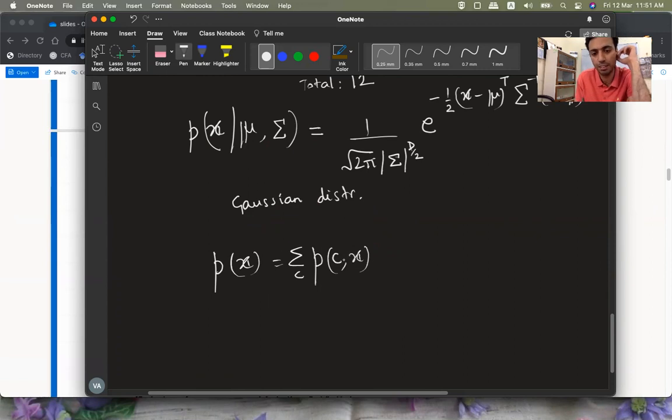I'm just introducing a latent variable C and then marginalizing over that latent variable so that ultimately it is P of x only, right? Now I can say this is P of C times P of x given C. C is my cluster index. If I know C, I know this is a Gaussian distribution.